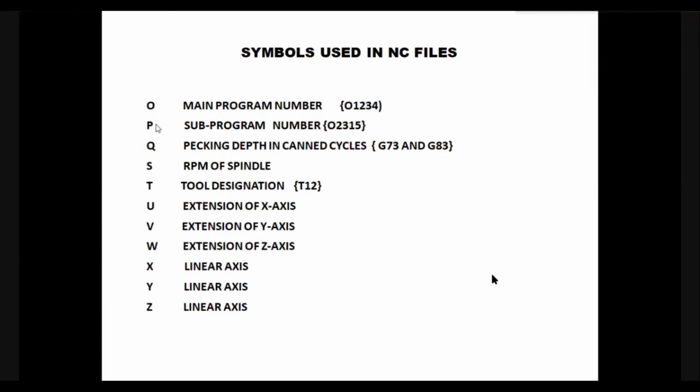And all of you know that in the Cartesian coordinate system, you will be having 3 axes, X, Y and Z. Except the letter E in the English alphabet, all the 25 letters are used to represent some aspect which is used in part programs of CNC machines. Just to go through the slide, I shall switch over to the next one within another 1 or 2 minutes.